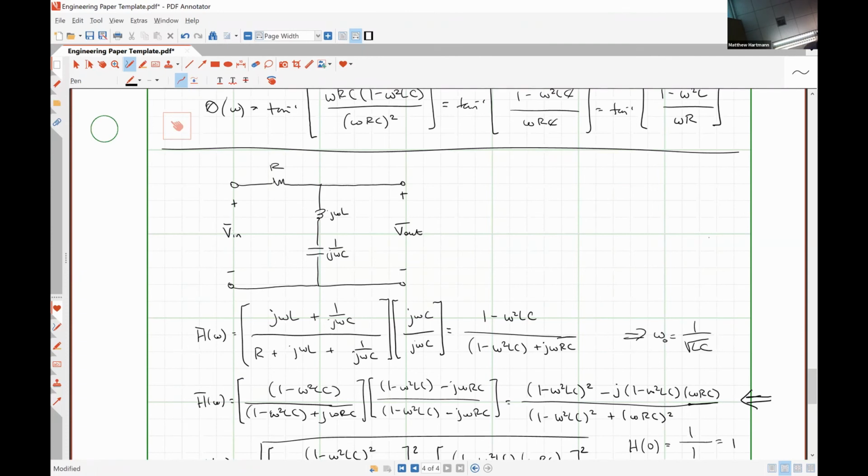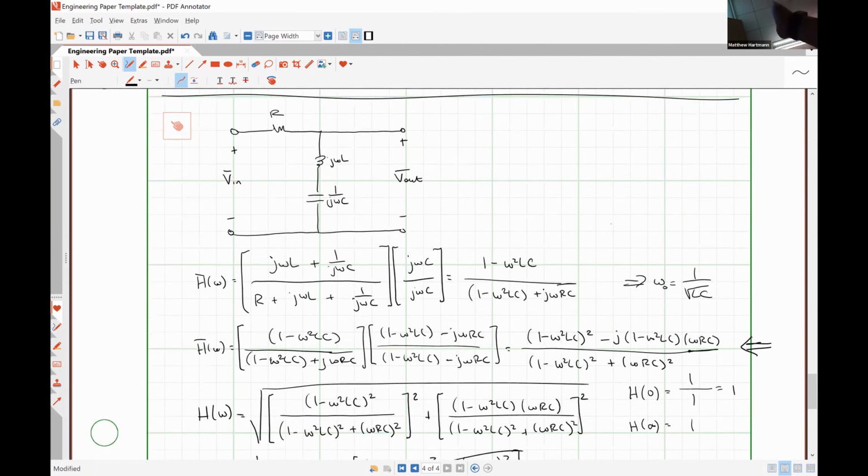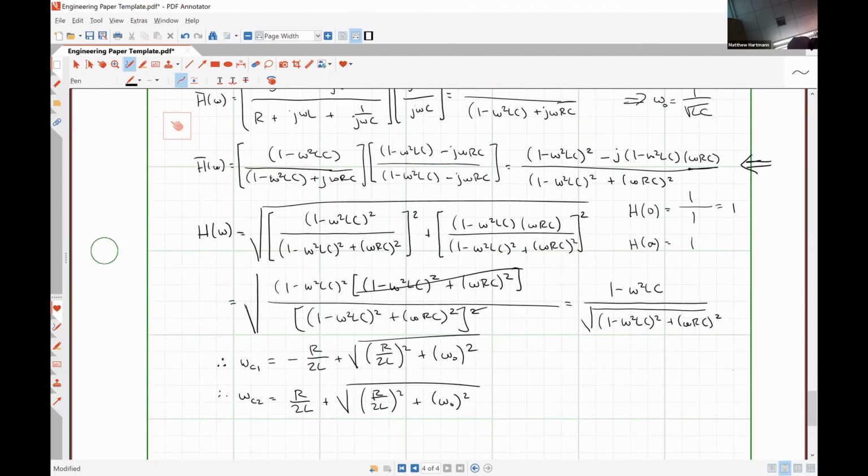So it makes sense that if you have a high pass filter and a low pass filter, you're going to wind up getting a band stop filter. So you're going to allow some things while the low pass filter is working, and then you're going to stop for a bit, and then you're going to allow high frequencies when the high pass filter starts working.